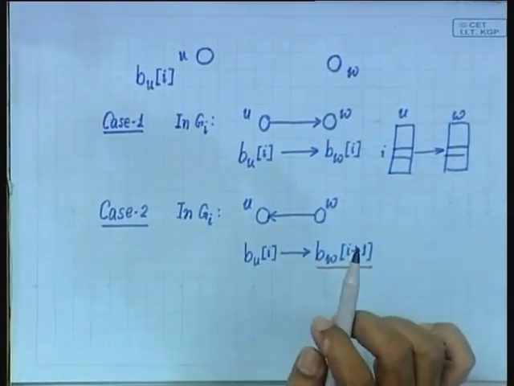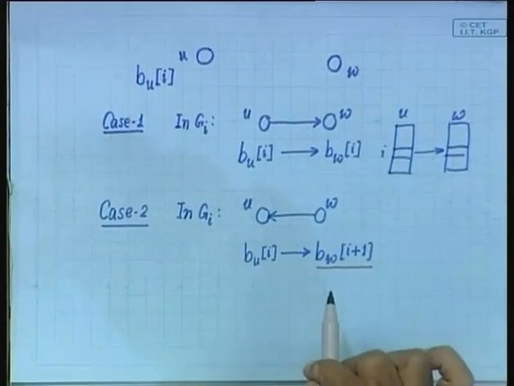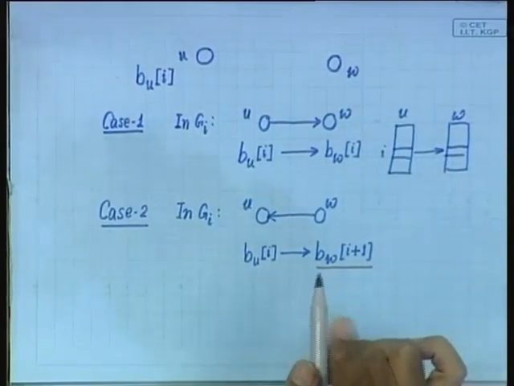But we know that somewhere in gi plus 1, gi plus 2, whatever, there will be an edge. Yes. It should be from bui to bu i plus 1.